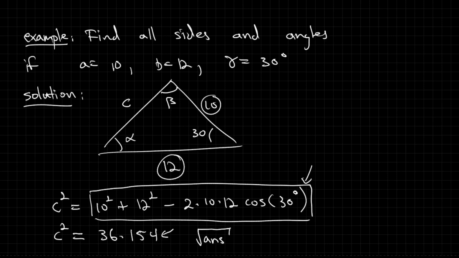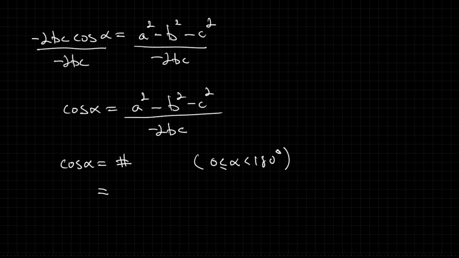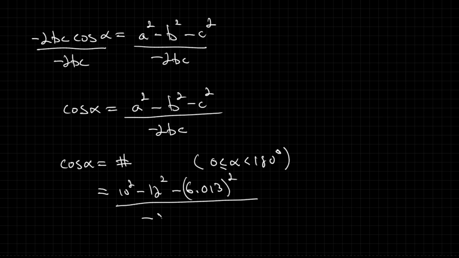So there's B, there's A, and then C is 6.013. So this is going to be 10 squared minus 12 squared minus 6.013 squared, all divided by negative 2 times B, B again is 12, and times C, which is 6.013. And this right-hand side is going to be some number.